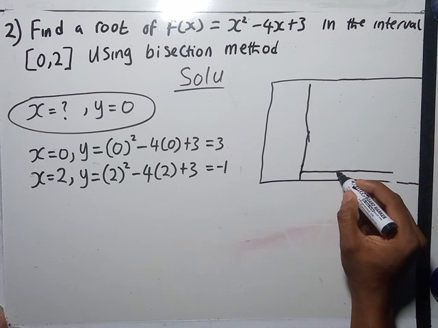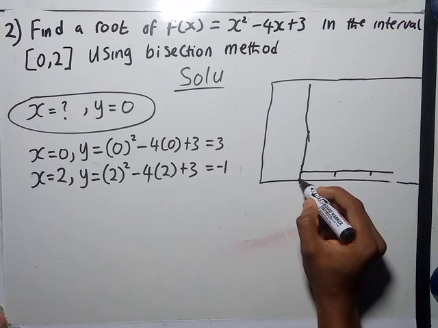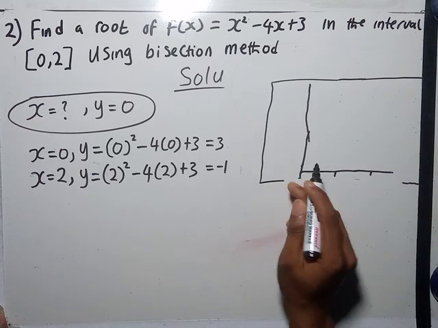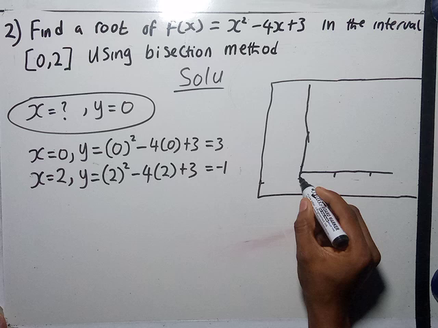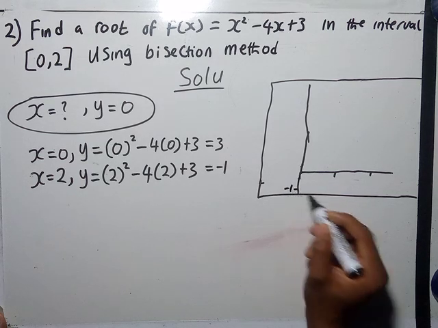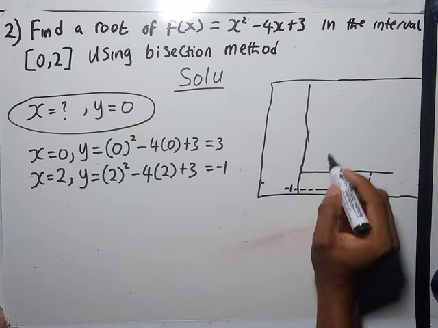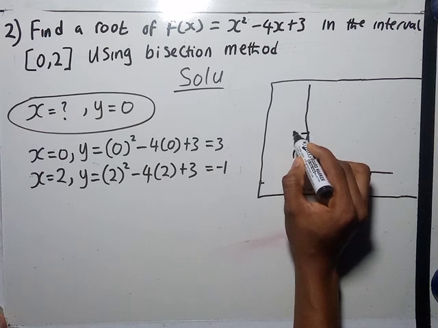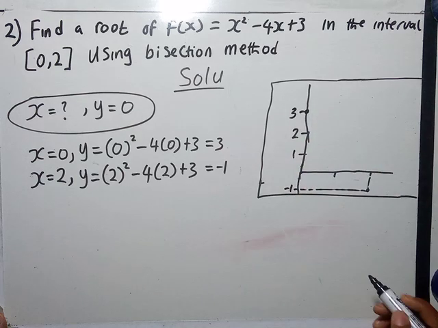Let's say here is 1 and here is 2, and beneath here we have minus 1, and here is your 1, here is your 2, here is your 3, and we have another point here.